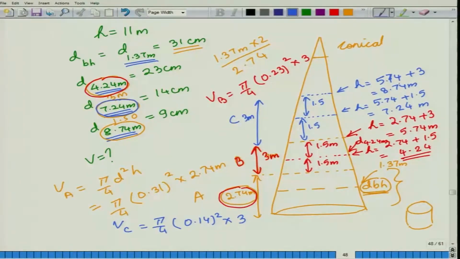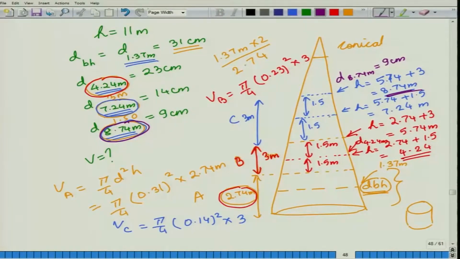Now, at this particular point we have a height of 8.74 and this height is given here. Let us use another color for it. This height is given here as 8.74, and we have also measured the diameter at this point. So, diameter at 8.74 meters is equal to 9 centimeters.